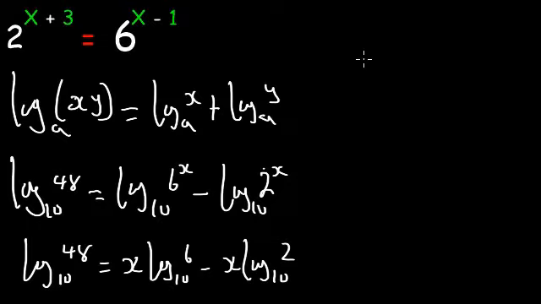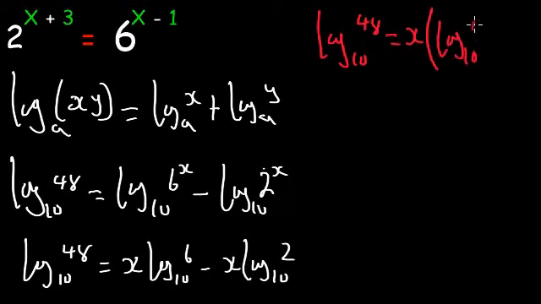So what I'm going to do next is just to factor out the value of x. And I can now have log of base 10 to 48 equal to x, then multiplied by log of base 10 to 6 minus log of base 10 to 2. So I think we are almost there.